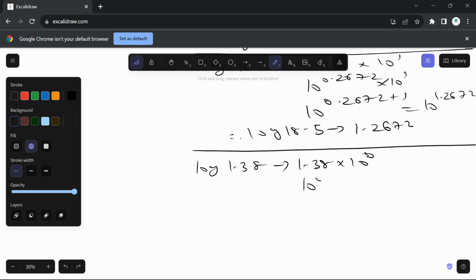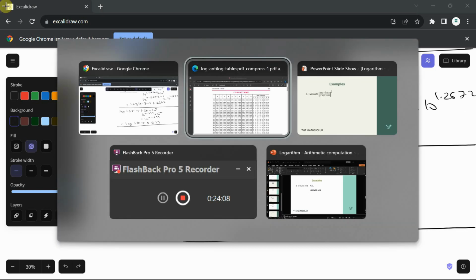So this is 10 raised to the power of 0.1399 times 10 raised to the power of 0. So the log of 1.38 is 0.1399.